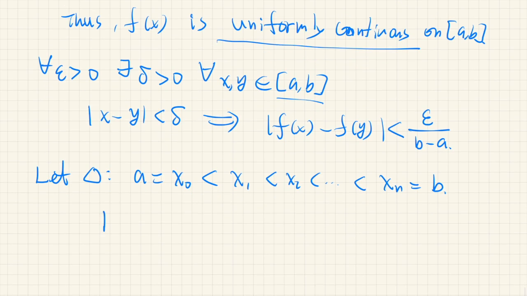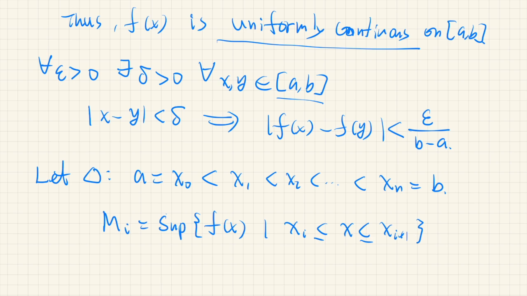And for each of the subintervals, we define capital Mi to be the supremum of the functional value of x, where x is between xi and xi plus 1, and i is between 0 and n minus 1.